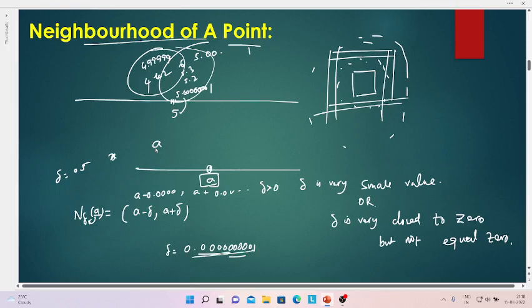So neighborhood of a point is basically an open interval which contains some of the points which are near to this particular point. If you have 2 as a point, then the neighborhood of the point will be somewhere around 2 minus delta comma 2 plus delta, right? This is called the delta neighborhood of the point. You can arbitrarily choose delta which is obviously close to 0 but not equal to 0. So these are the points which are the neighborhood of a point, right?